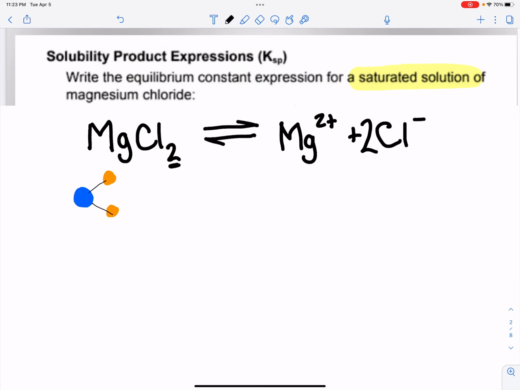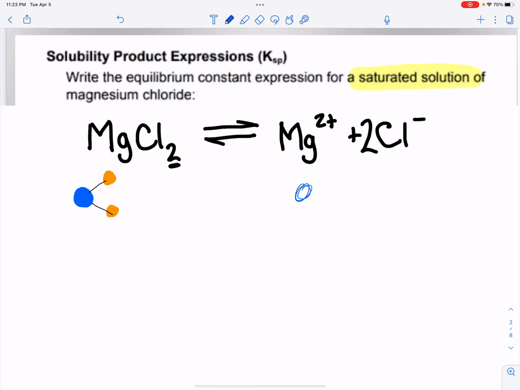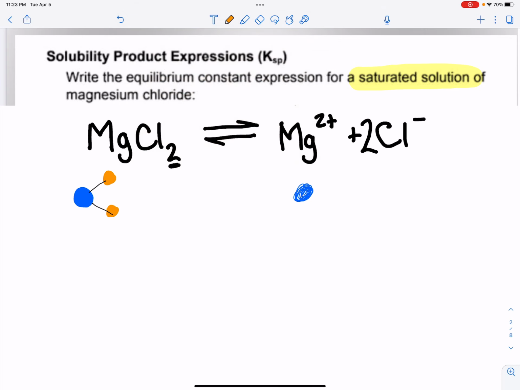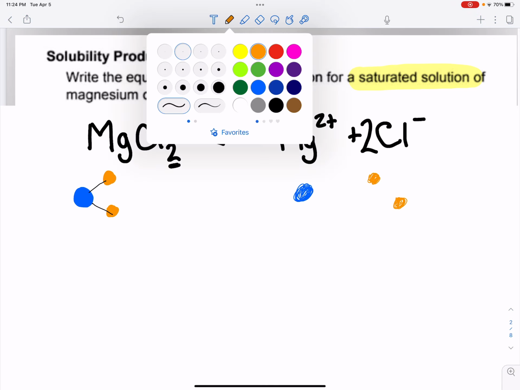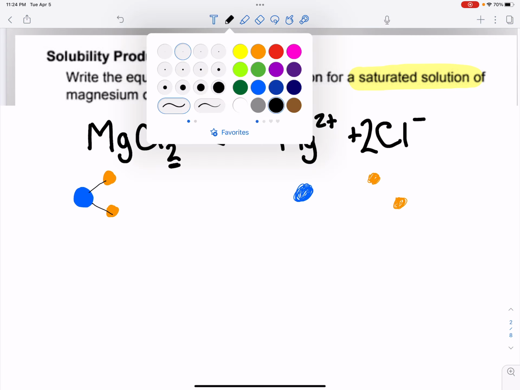When this splits apart, it creates 1 ion of magnesium and 2 ions of chlorine. And this is a really, really important concept because we've got a 2-to-1 ratio, and we're going to be looking at these ratios quite a bit when we're doing some problem solving and questions.